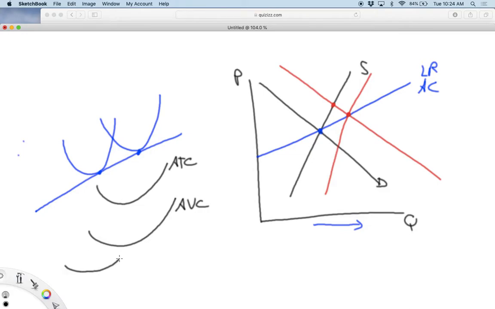Marginal cost is crossing each one at its minimum, okay? And so the points on the supply curve of the firm in the short run are all those points on the marginal cost curve above the minimum point of average variable cost.